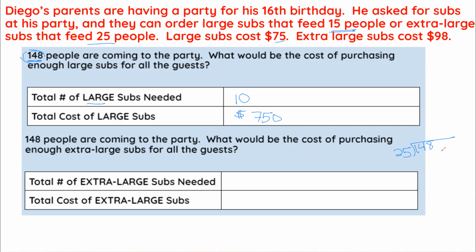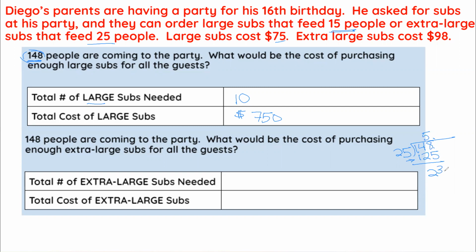All right, so I think that would be 5 subs, because I know 5 quarters makes 125 cents. All right, so I have a remainder, which reminds me that 5 subs are not going to be enough. 5 subs only feed 125 people. We need to feed 148 people.